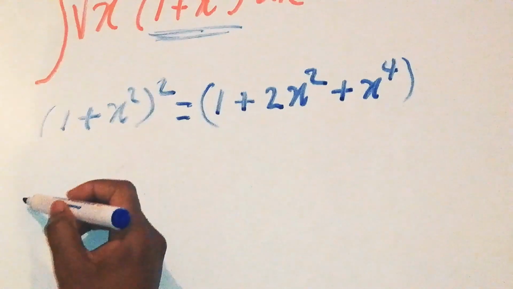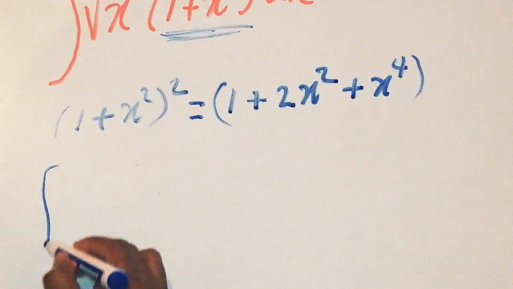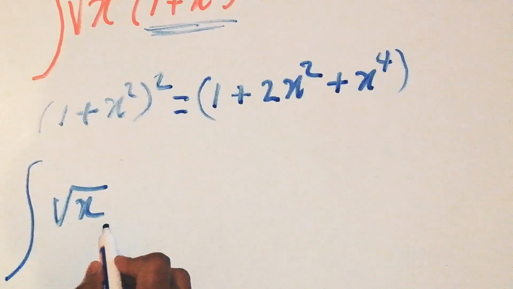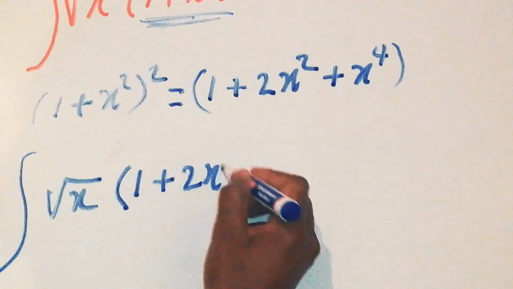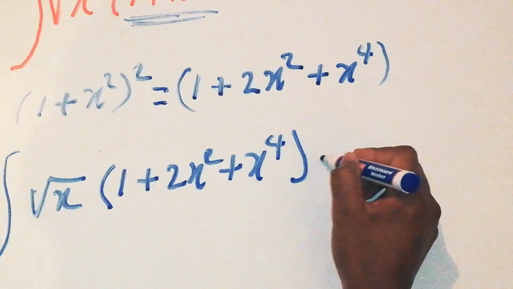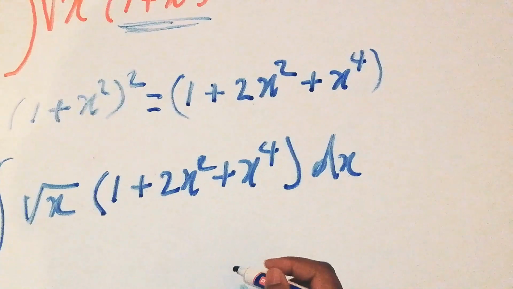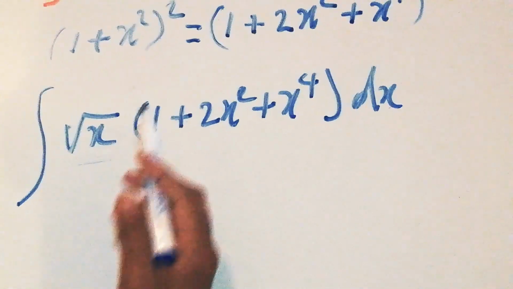So now you say that the integral is equal to the square root of x, open my bracket, 1 plus 2x squared plus x exponent 4, dx, right? Now you see that part there, you know what that is.